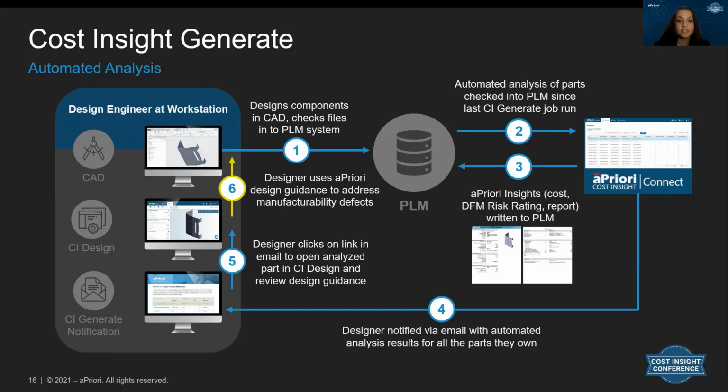Armed with aPriori's feedback and guidance, with early visibility to cost and manufacturability, the design engineer is equipped to optimize their design. And after making design changes in CAD, the designer can choose to check their model back into PLM to kick off another iteration of automated analysis, or they can even leverage the Cost in aPriori plugin for real-time feedback before checking back into PLM.